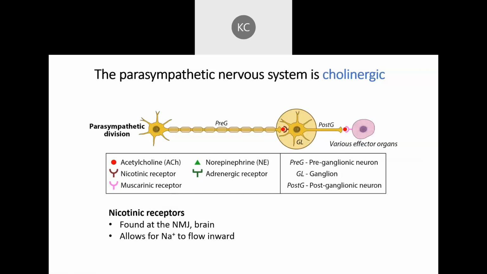So you find these in regions like the brain. You also find them in the neuromuscular junction, right? The neuromuscular junction being the site between the neuron and the muscle. So that's not going to be under autonomic innervation, but it's still going to contain this same type of receptor, right?